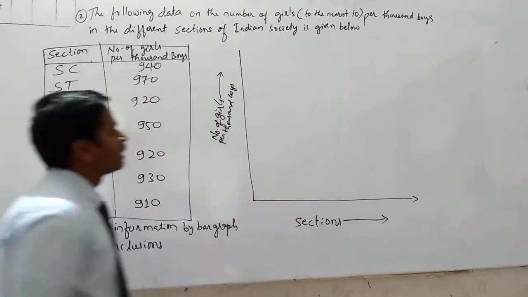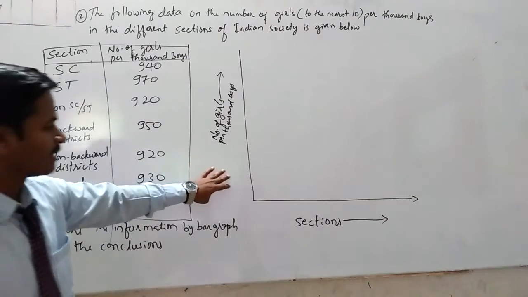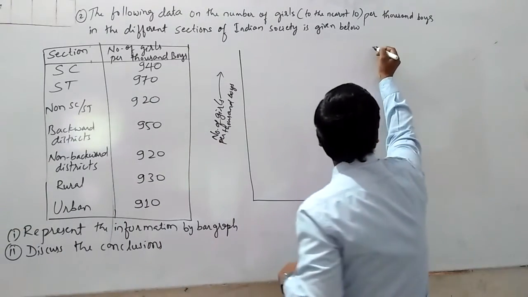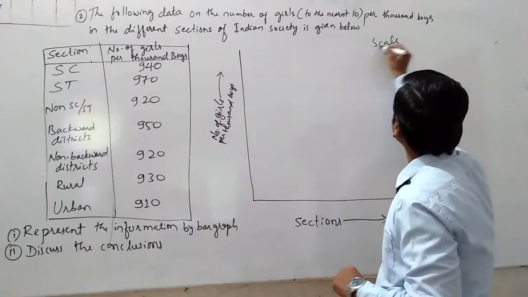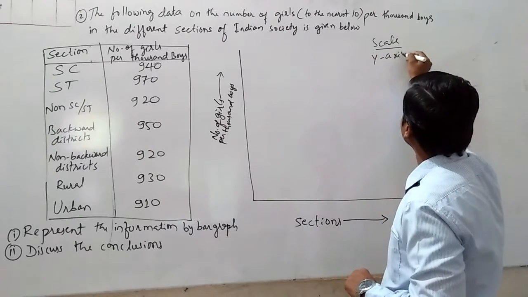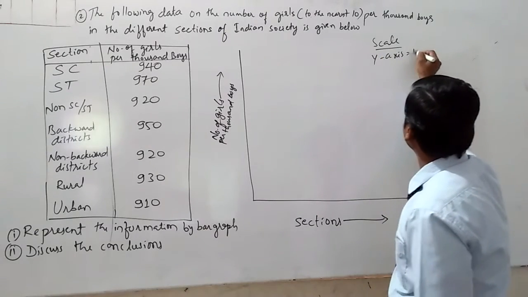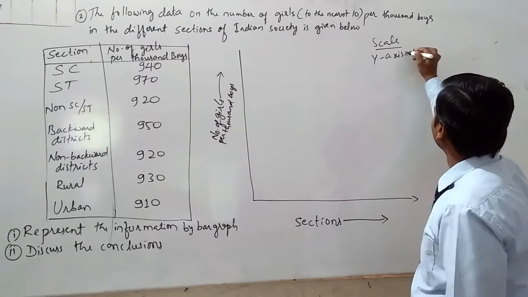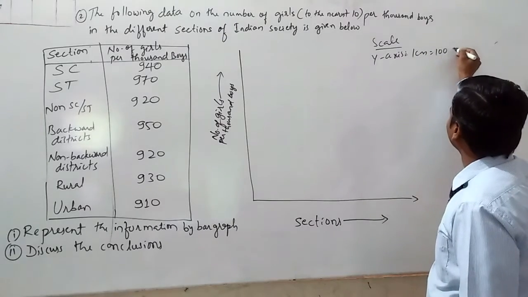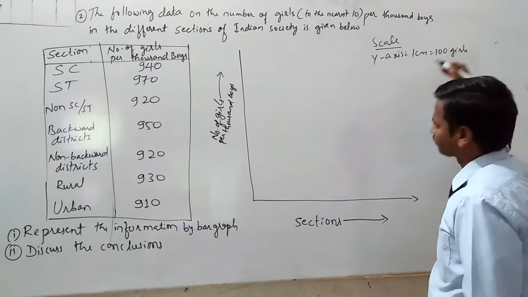You can take the scale on the y-axis as 1 centimeter equal to 100 girls.